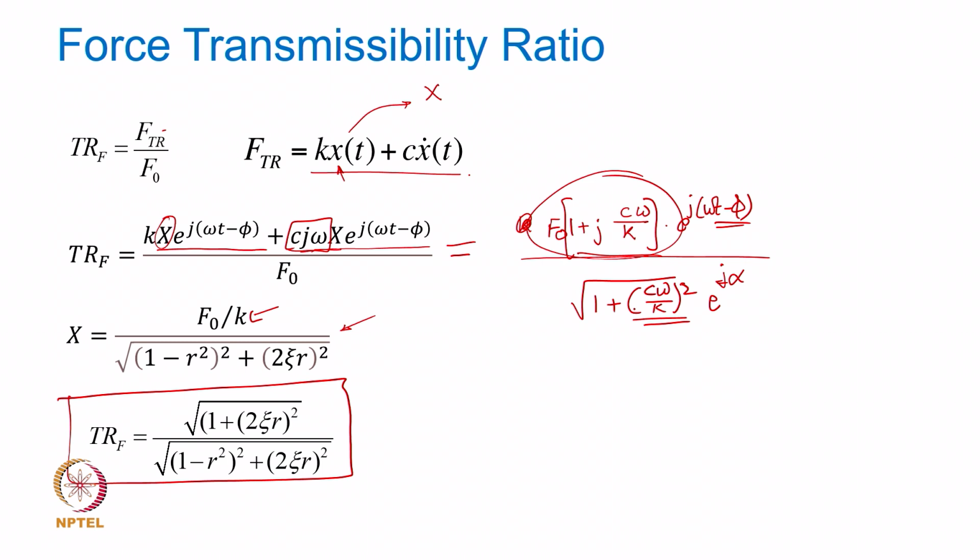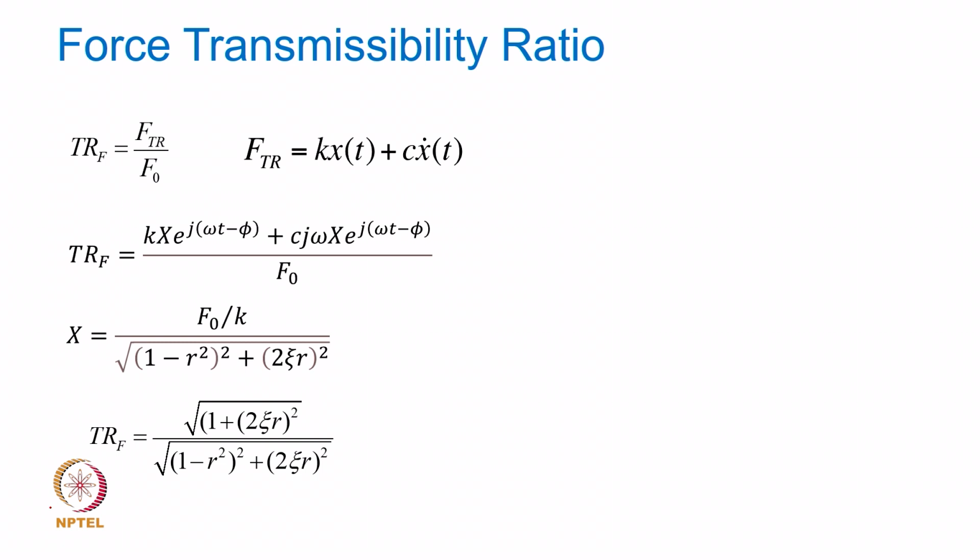Okay. So, it is all going to be a little bit of mathematics for substituting x into this expression and getting the expression of the transmissibility ratio. But do you recall that this expression is similar to your base excitation case? The displacement transmissibility and force transmissibility, both expressions are actually identical. All right.